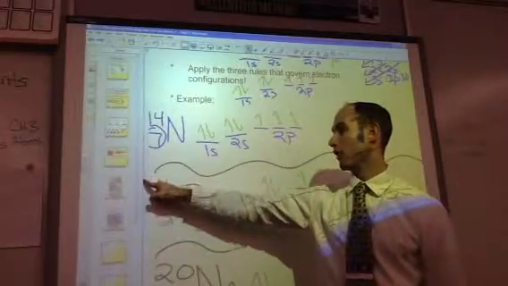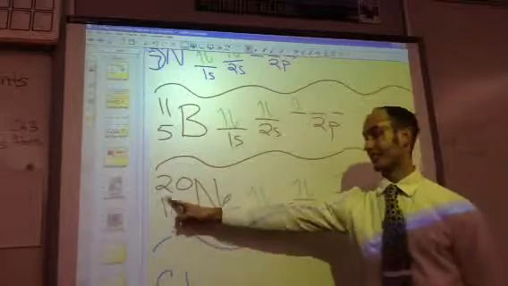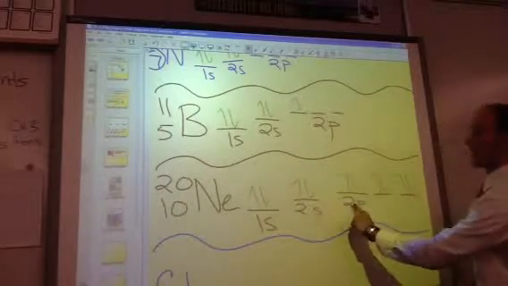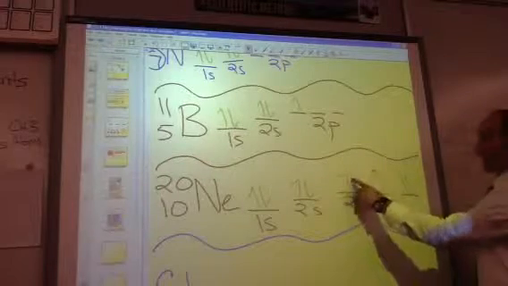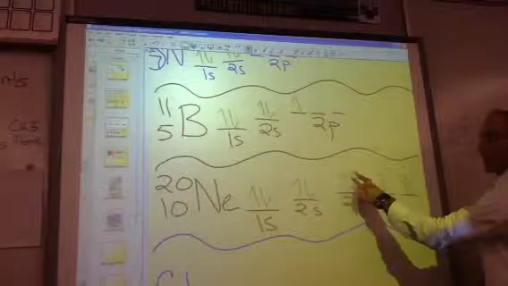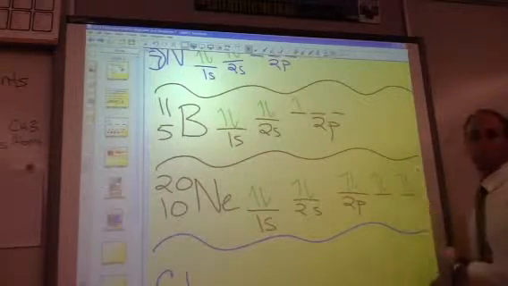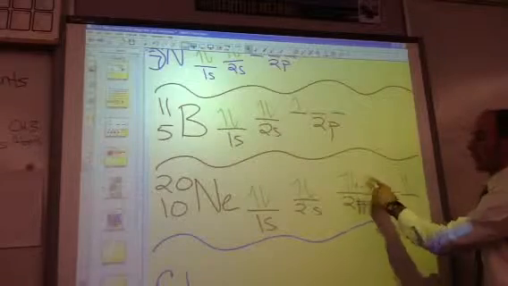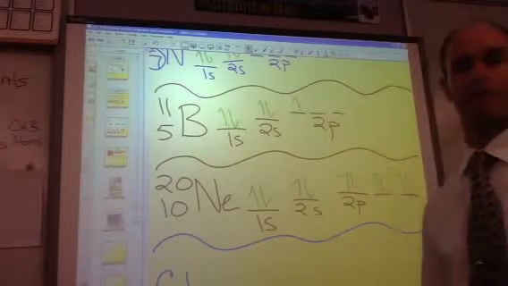So what I do for other ones, if you do one like neon that has 10 electrons, then I'm at the 2p, I start doubling them up because I need 10. Here is 1, 2, 3, 4, 5, 6, 7. Everyone gets one first before I start doubling them up with different spins. So then I'm at 7, 8, 9, 10. That makes sense.